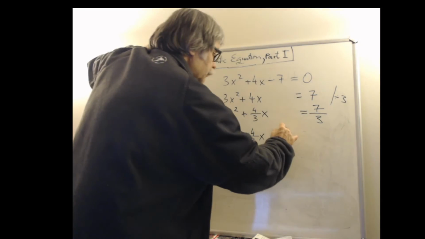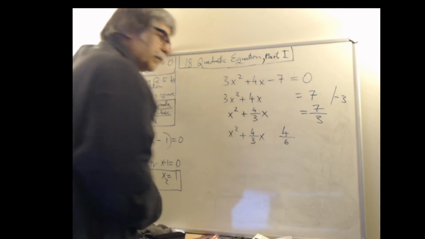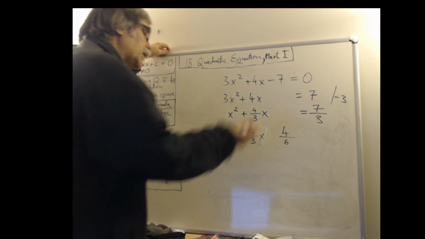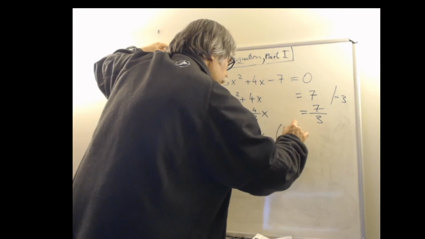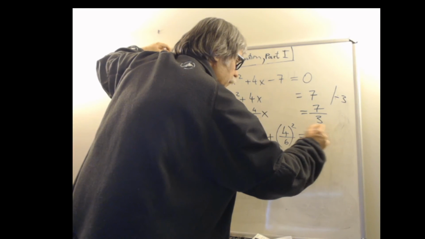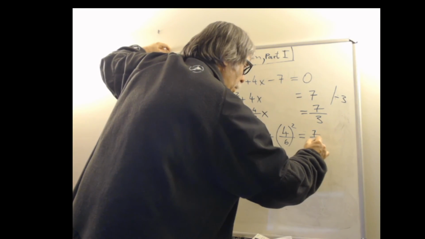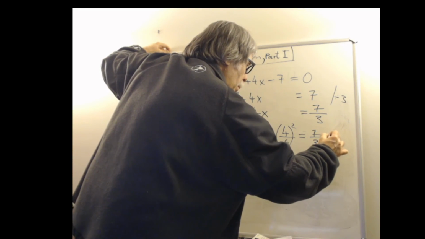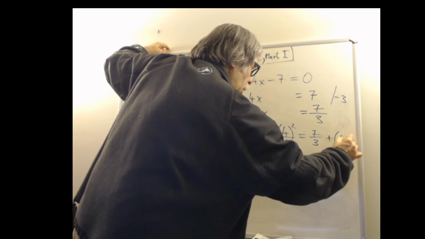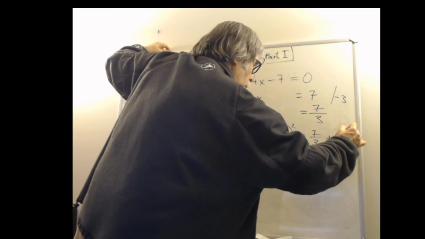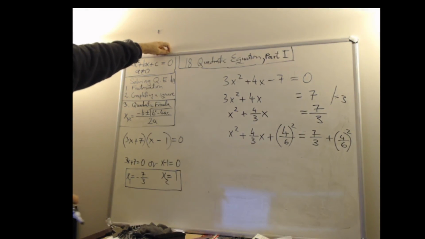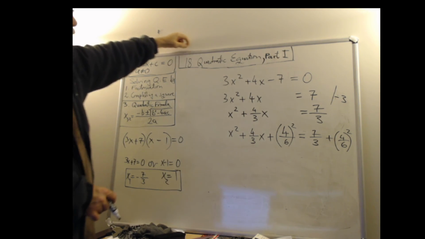Half of this is this guy. But you have to square it. And now to both sides. Obviously, you can make it a little simpler. 4 sixths are going to be 2 thirds.